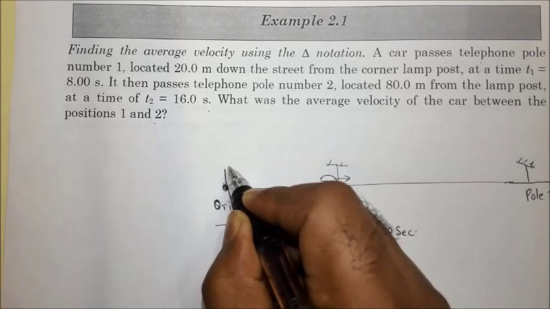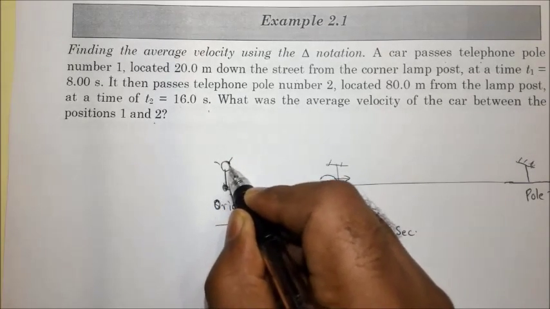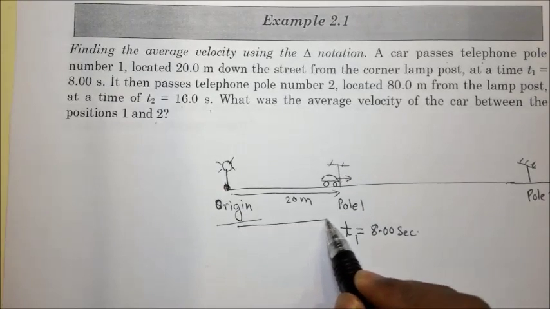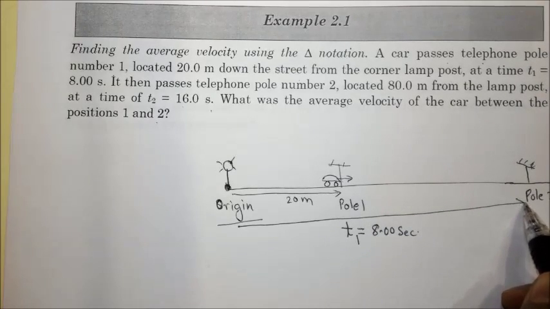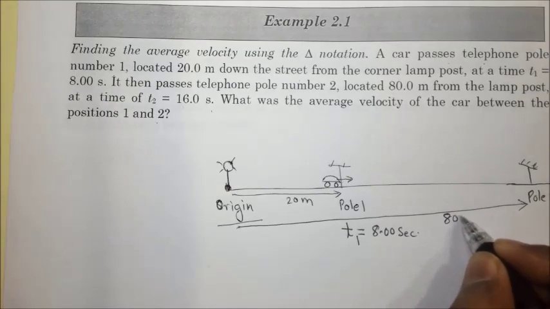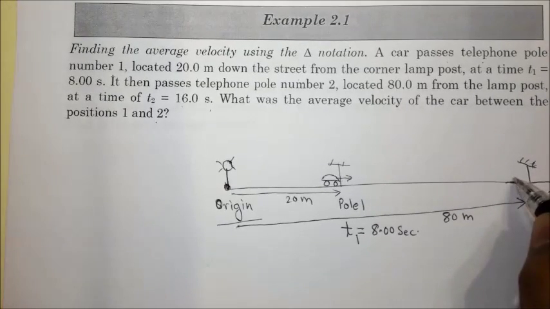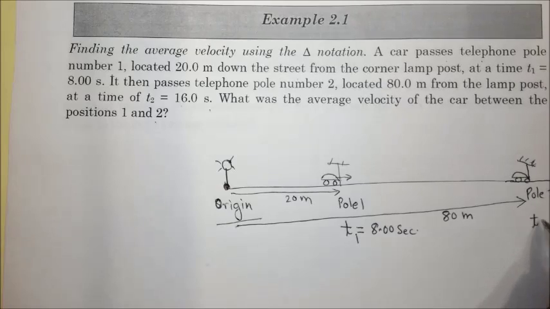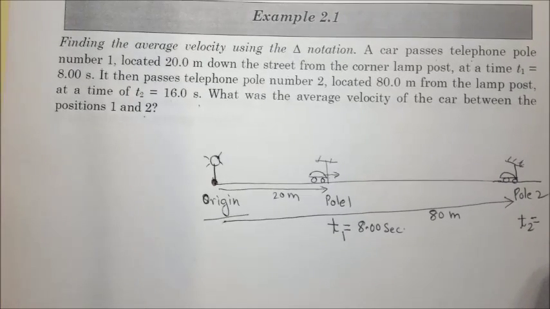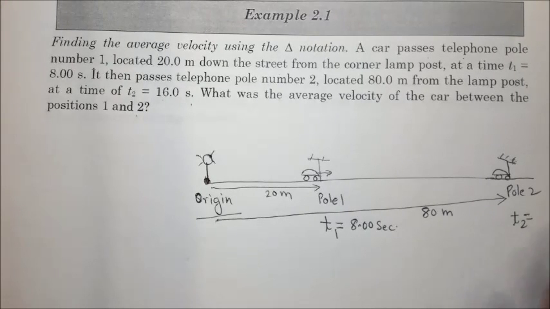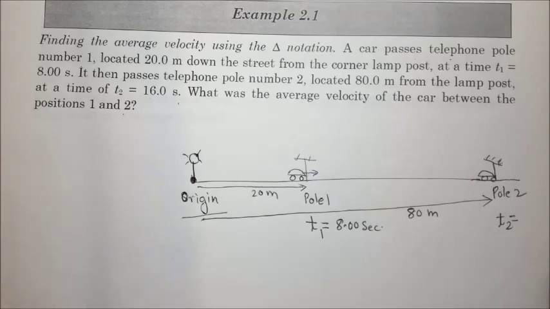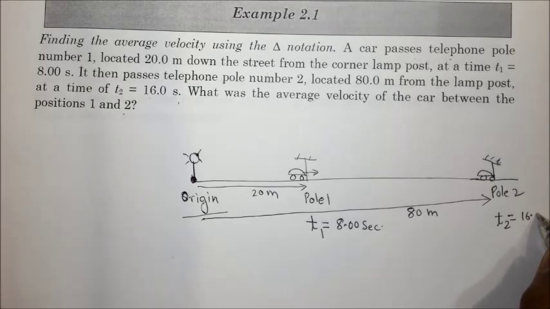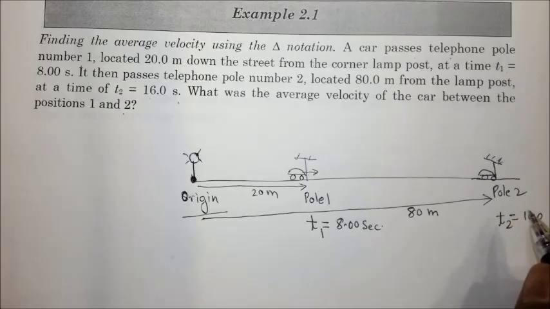So here is a light lamp post, the starting point, and from here this is 80 meters, and the car comes here at pole number 2 at time t2 is equal to, at time t2 is equal to how much? 16.0 seconds.